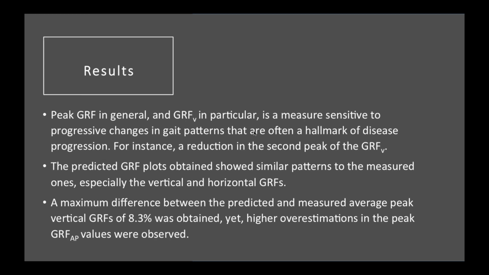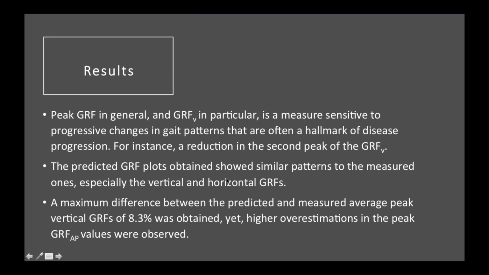Clinically speaking, this is a very important outcome measure to evaluate the progress of the disease. Clinicians are always after this, that's why we focus on it. For example, with the disease, usually the second peak in the ground reaction forces would reduce.